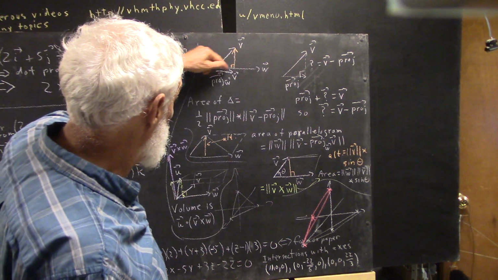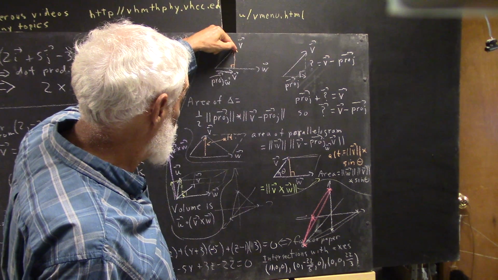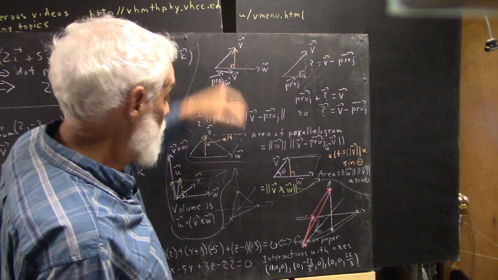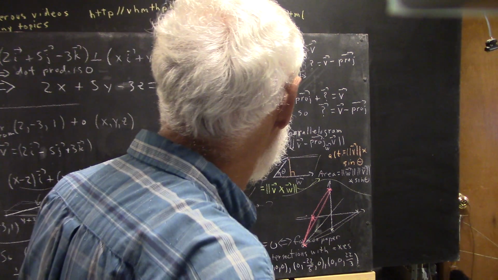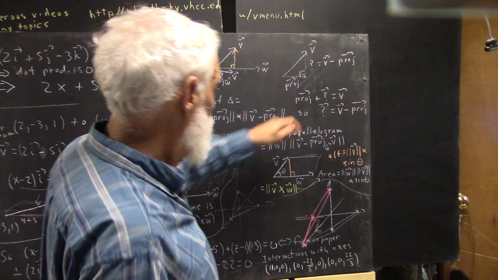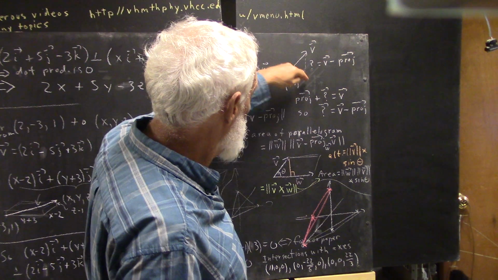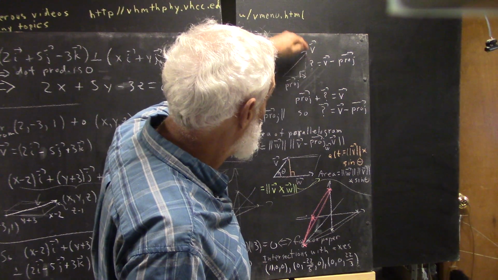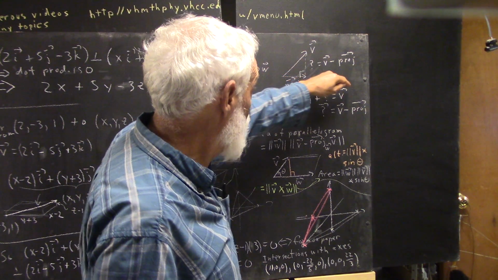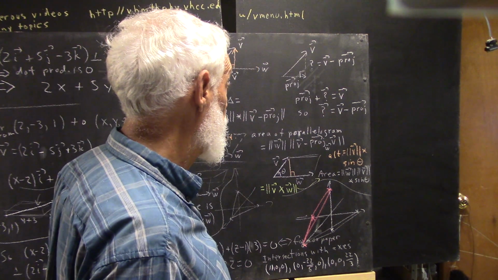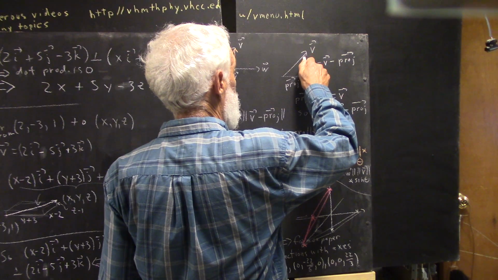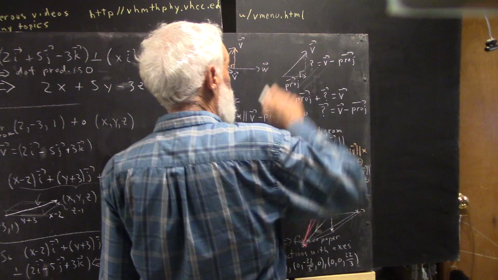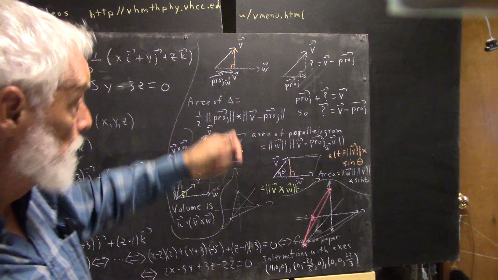Well, it's the projection vector, head to tail with this vector, gives you the vector V, which means, of course, that the projection vector plus this question mark vector here has to add up to the V vector. And I guess maybe I didn't put a head on that projection vector, but nobody would have been able to see it anyhow, so it didn't make a difference.